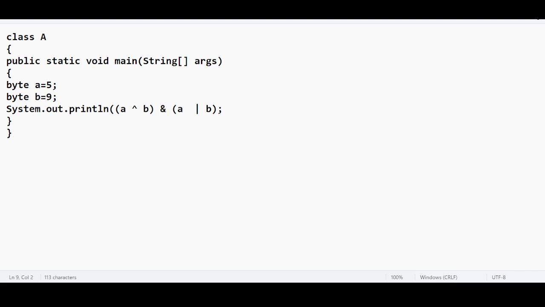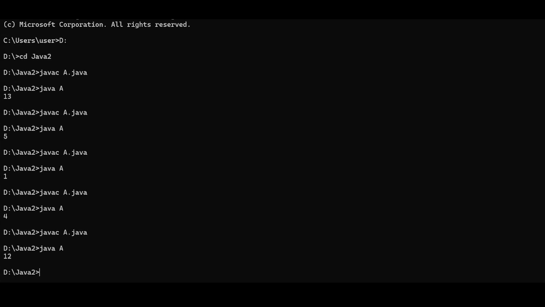So I'm just using all the possible combinations, all the possible operators. 12. Any other answer? 12 only. Let us check this.